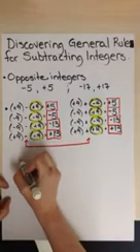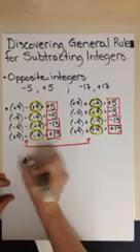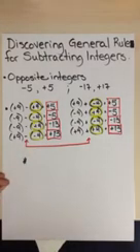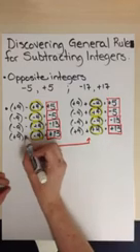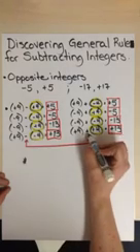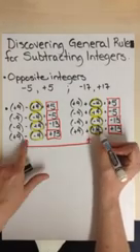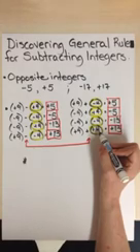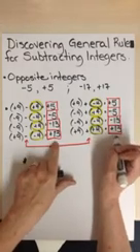So in essence, what I'm hoping that you are realizing is I don't actually have to subtract integers to subtract integers. I can add the opposite integer of what the subtraction statement has and still get the same answer.